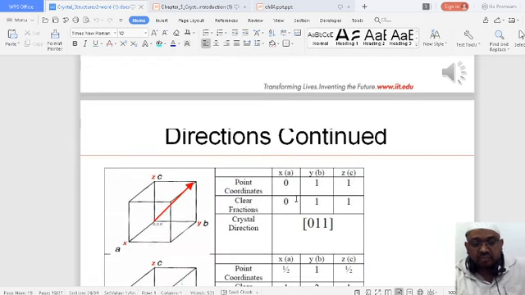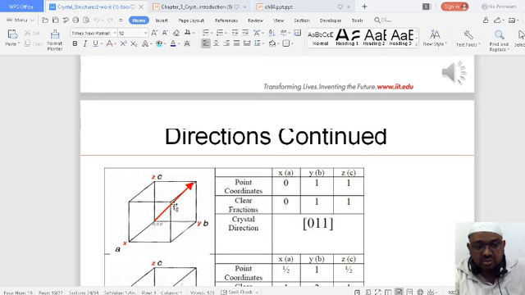Now we go for another direction. We have indicated it with this red arrow line segment. Here also we have taken the x-axis, y-axis, and z-axis, having the intercepts a, b, and c. You can see the line we are talking about, this line segment. What is the coordinate with respect to the x-axis?